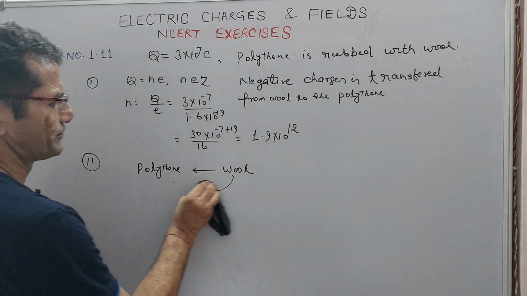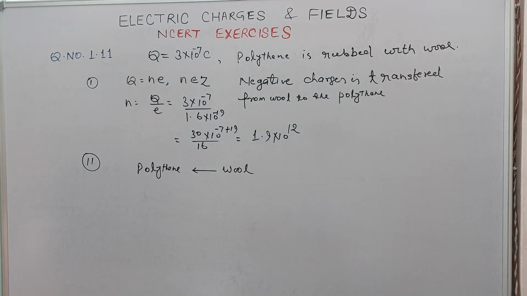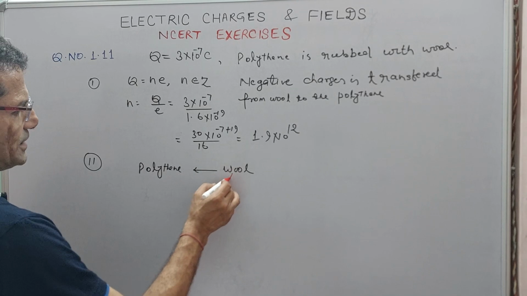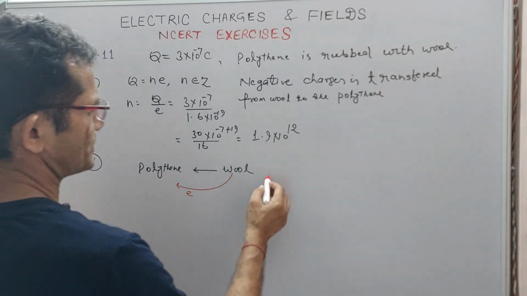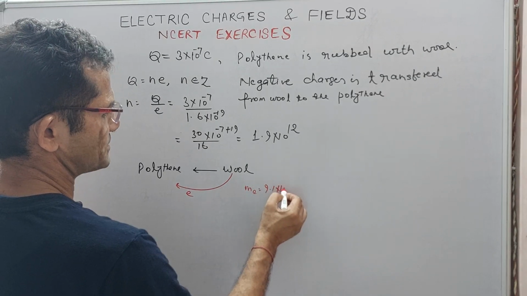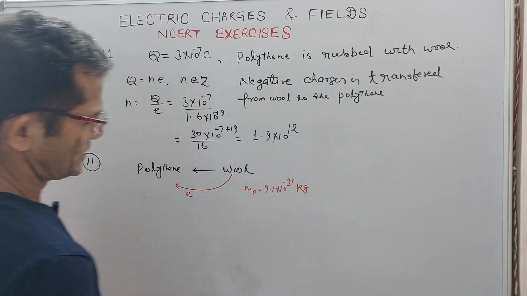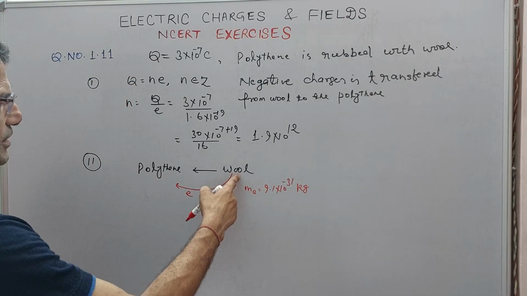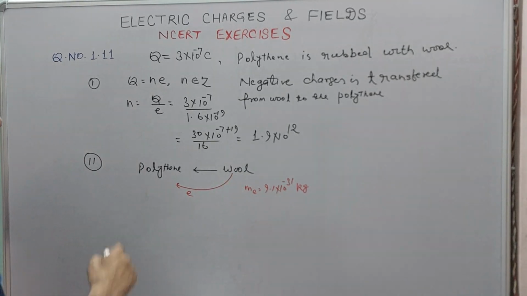When an electron transfers to the polythene, the electron has some mass. We know that the mass of the electron is 9.1 into 10 raised to the power minus 31 kg, which is very small. But when an electron goes from wool to the polythene, the mass of the electron is also transferred to the polythene.